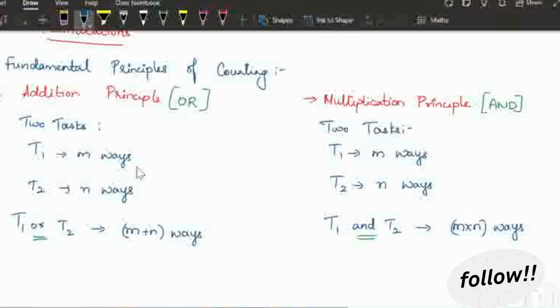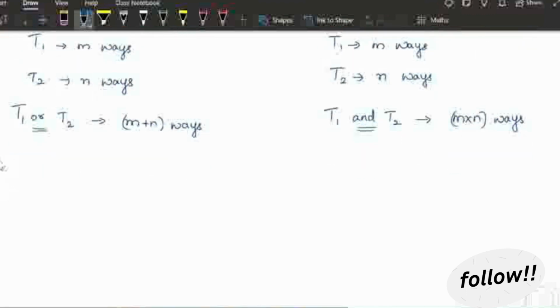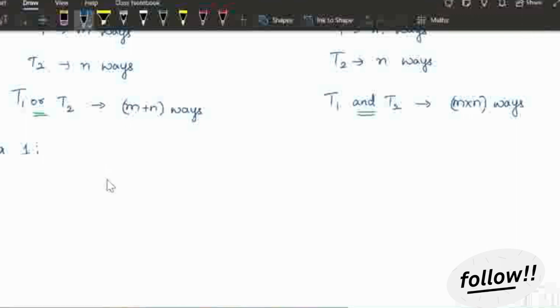Now, what do you mean by adding or multiplying, using the word or and using the word and? We'll take an example for you to understand. Suppose we have a student going from home to school. Let us take two examples. In the first example, a student is going from home to school, and there are two ways: either he can go by bus or he can go by auto.